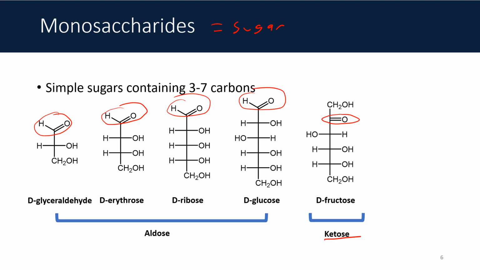And these are examples of some common aldose sugars. There's triose sugars, such as glyceraldehyde. This is the simplest carbohydrate, only has 3 carbons in it. Erythrose is a tetrose sugar. Ribose, I'm sure that sounds familiar, is a pentose sugar.